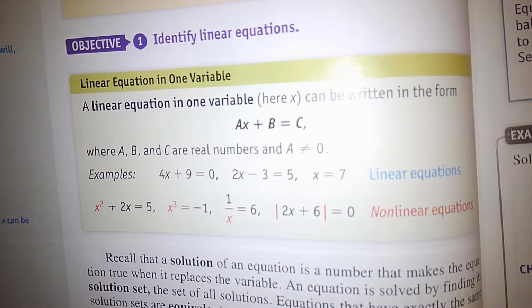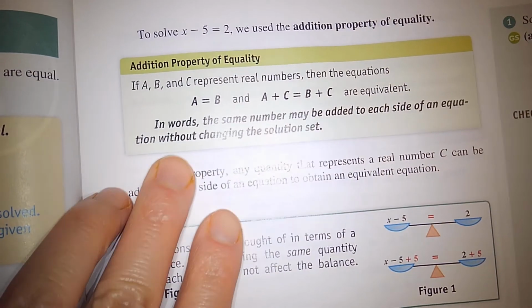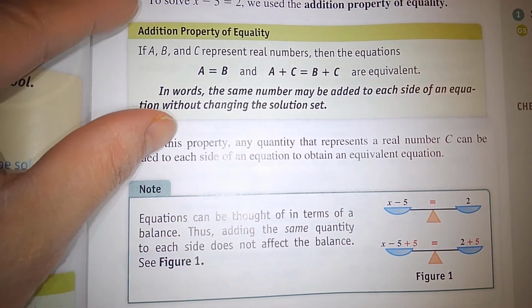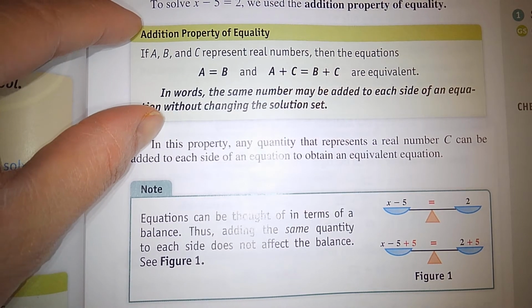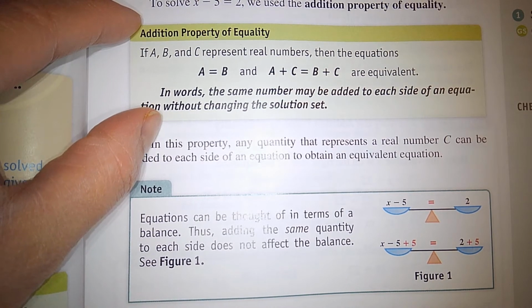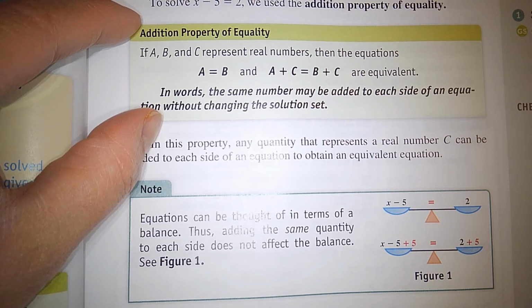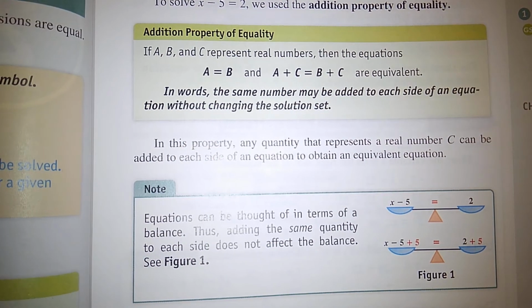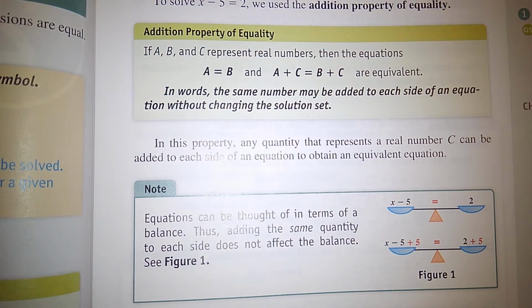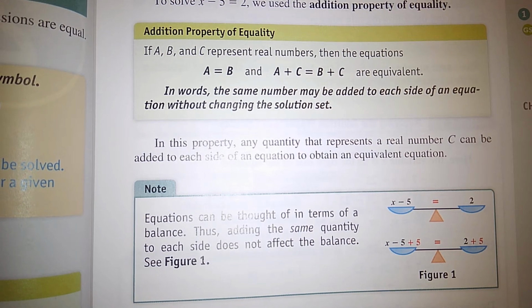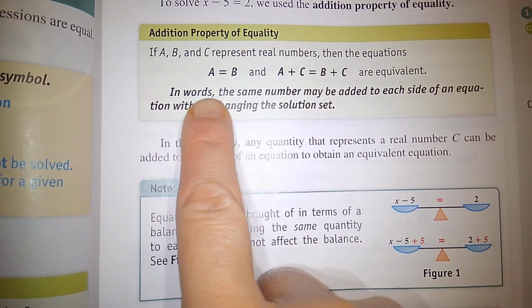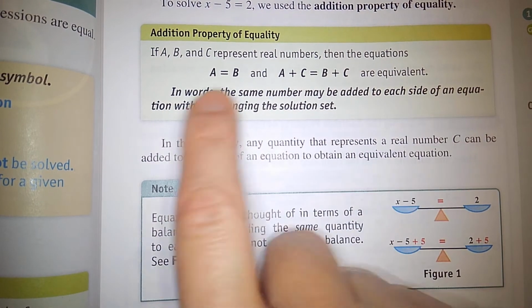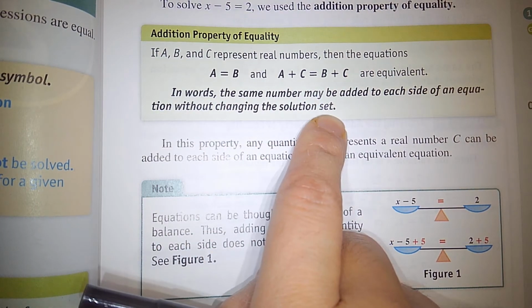And how to do it? We're going to follow the addition property of equality. I'm going to ask another volunteer to read it. If A, B, and C represent real numbers, then the equations A equals B and A plus C equals B plus C are equivalent. In words, the same number may be added to each side of an equation without changing the solution set. Okay, very good.